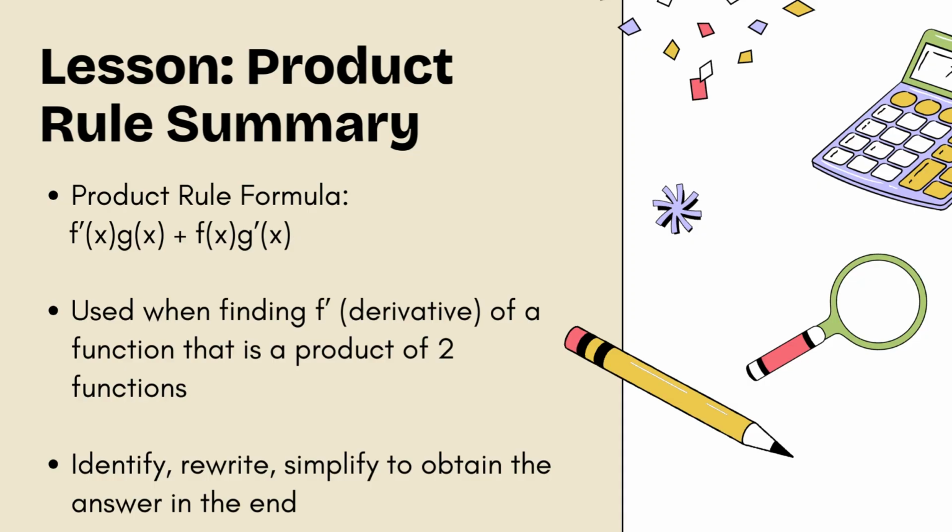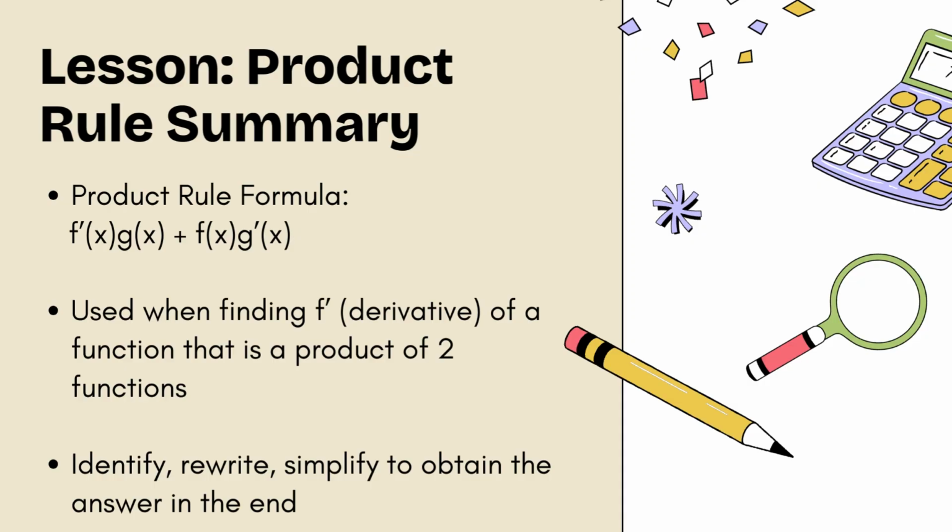And lastly, always identify all the components of a problem. Rewrite the problem if needed, and in the end, simplify as best as possible to obtain the answer. So these three steps are important within differentiation.